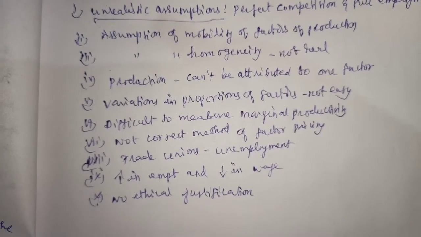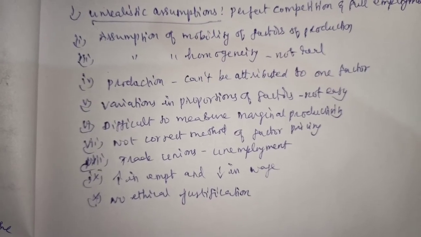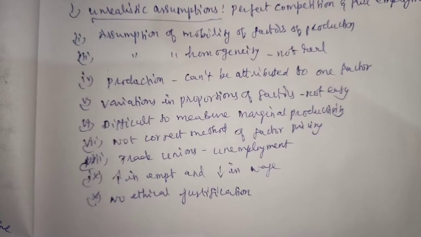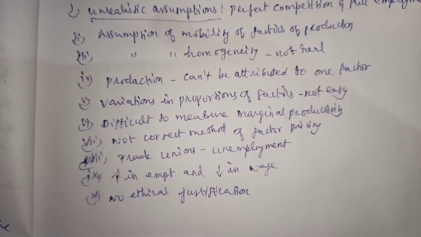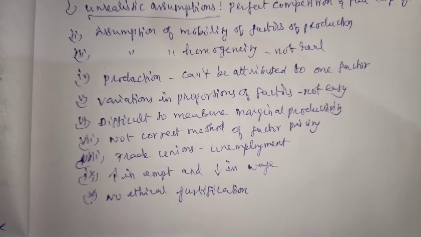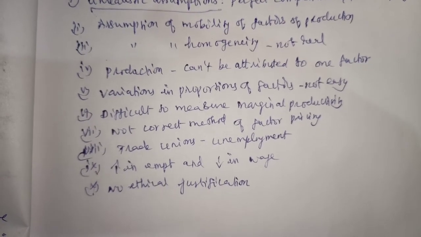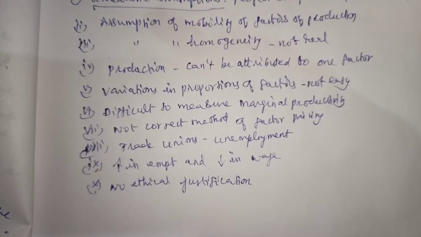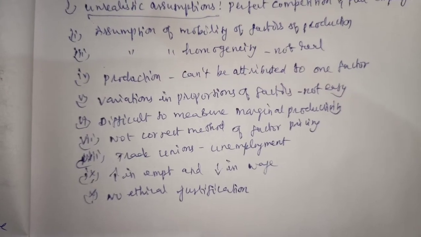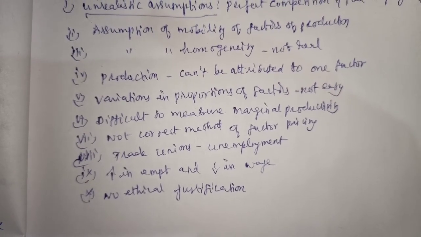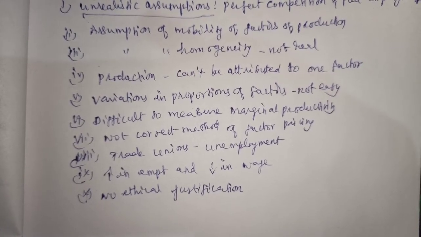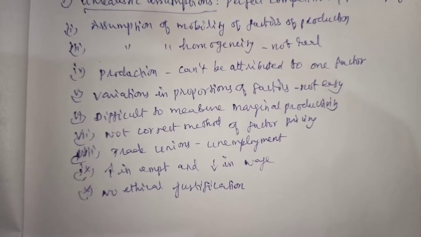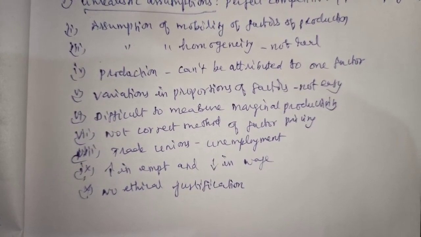There are many other methods for factor pricing, that is, giving remuneration to the factors. There are other parameters also. And then it is not possible to have full employment, and without increasing the wage, employment cannot be increased.